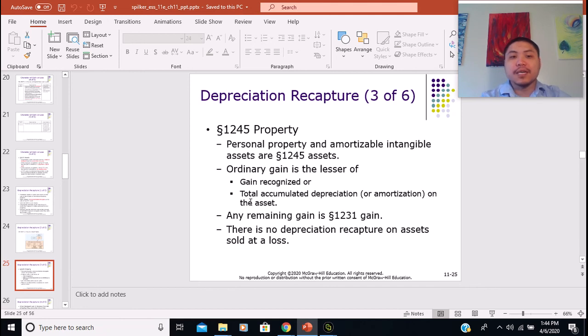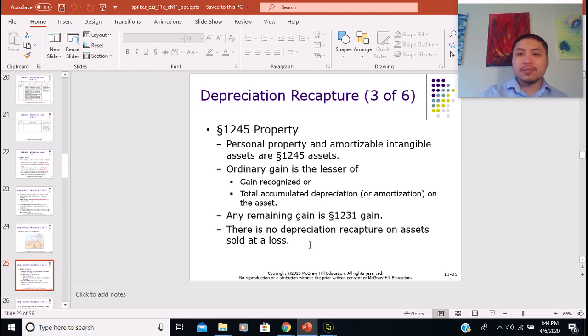In that case, any remaining gain is going to be treated as section 1231 gain and taxed at the long-term capital gain preferential rate. And again, there's no depreciation recapture on loss. Even if sold at a loss, it's just treated as ordinary loss, so there's no recapture on the loss.